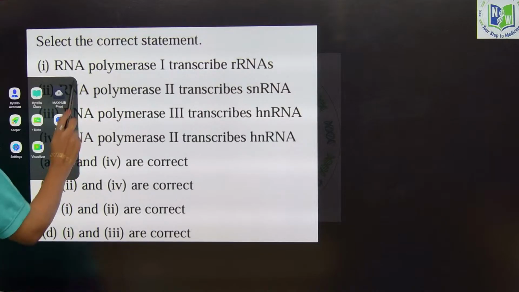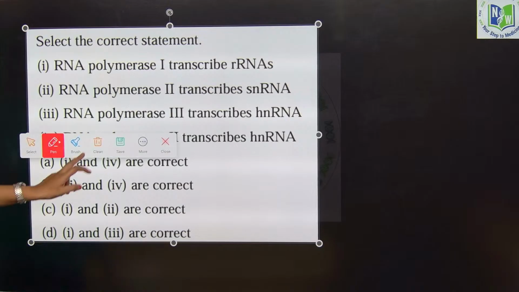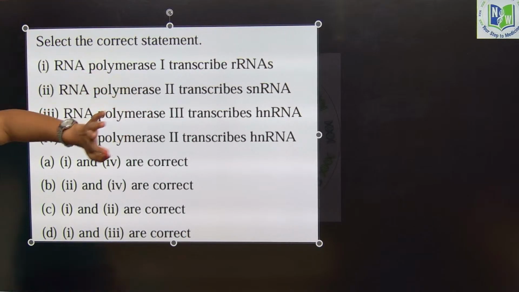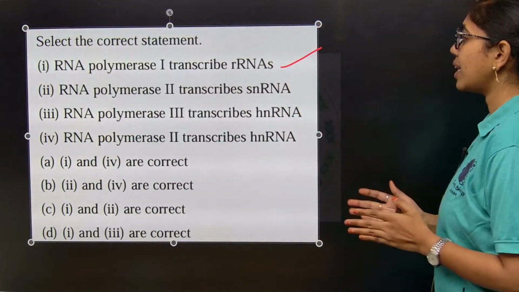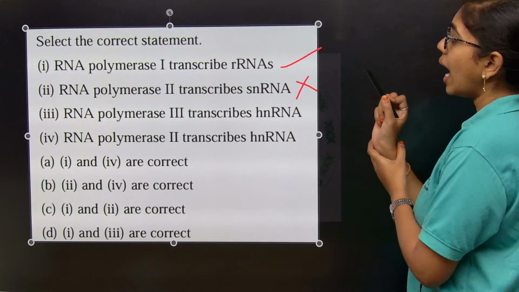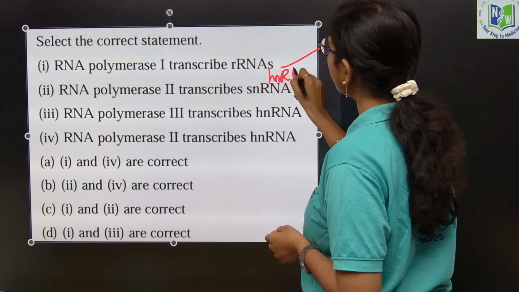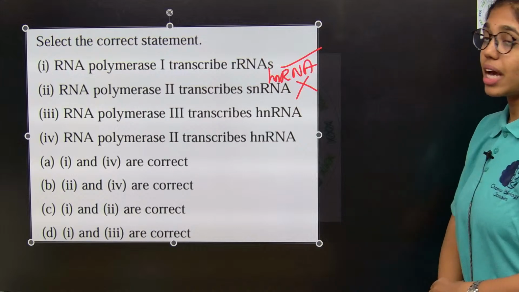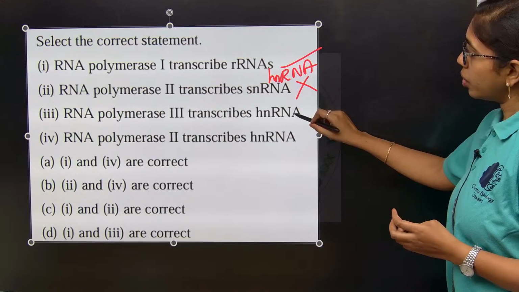Select the correct statement. RNA polymerase 1 transcribes rRNA, true. RNA polymerase 2 transcribes snRNA, wrong. RNA polymerase 2 transcribes hnRNA, that is heterogeneous nuclear RNA. Next, RNA polymerase 3 transcribes hnRNA, wrong.